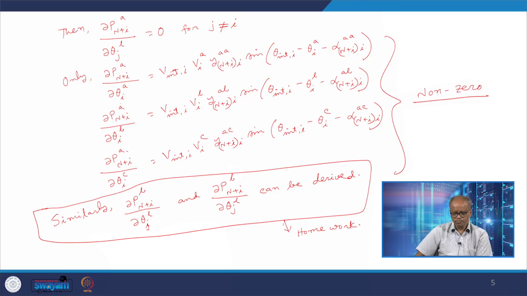Here also we can write down the general expression from here. What would be the general expression?